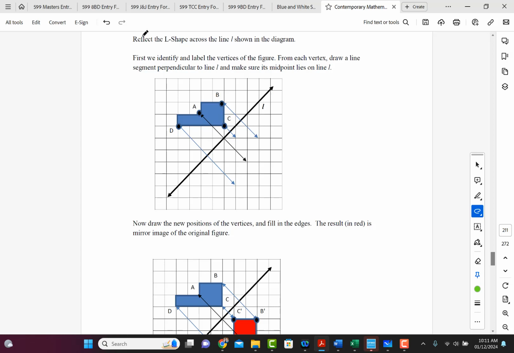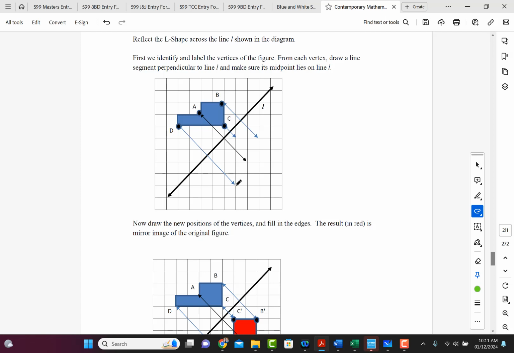Okay, so first we identify and label the vertices of the figure. From each vertex, draw a line segment perpendicular to L and make sure that the midpoint lies on L, right? So what we're doing is we labeled A, B, C, and D, and then we're basically drawing a line segment that's perpendicular and equidistant from line L.